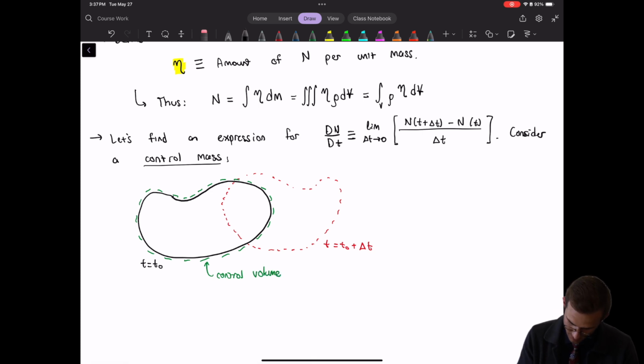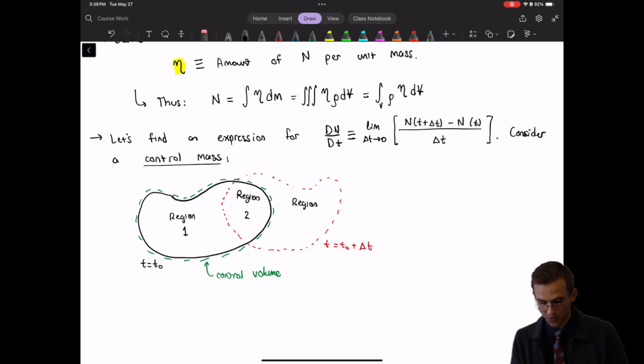The region that is contained by the red dashed line on the left is region 1. The region of overlap between time 1 and time 2, say, is region 2. And then the region where the control mass is occupying new space is region 3.